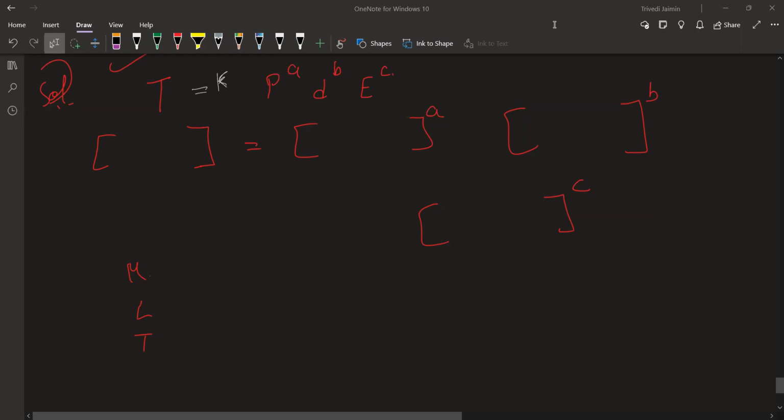This way you have to do. This is not exact, I'm just writing for A, B, C: A plus B plus C equals 0 from mass, A plus B plus C equals 0 from length, A plus B plus C equals 1 from time. These are not exact values. You find out. I just wrote it. Even I want to check what the quantities are. This is just a hint I'm giving you. Don't write the same thing, it's not right.